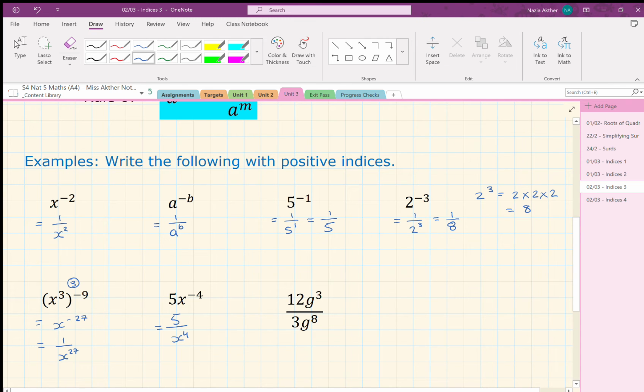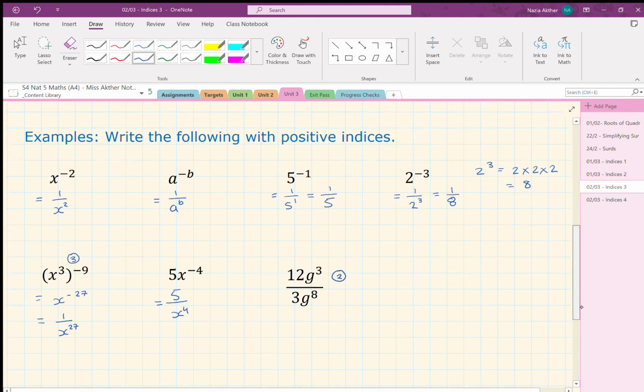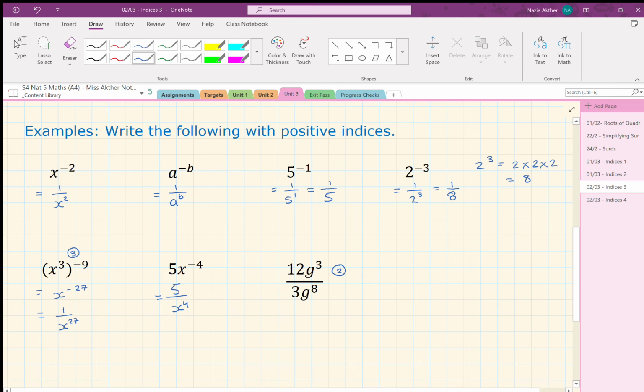Okay. And then for the last example, I've got 12g cubed divided by 3g to the power of 8. Here I'm going to be using rule number 2 because we're dividing. So this is rule number 2 from your course notes. When we divide, we're first going to do 12 divided by 3, which is 4.